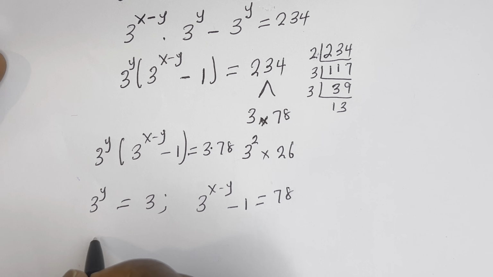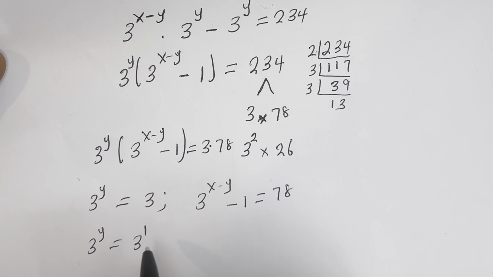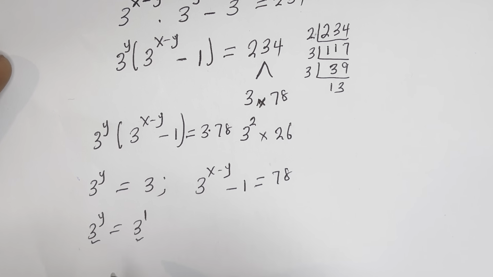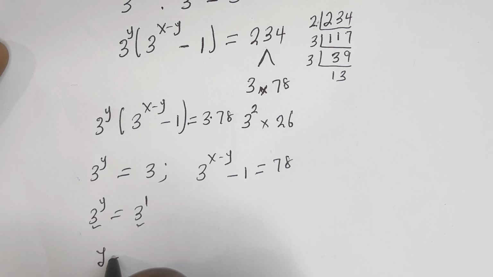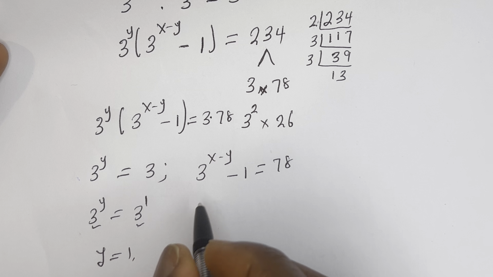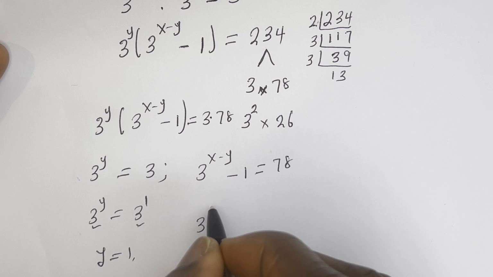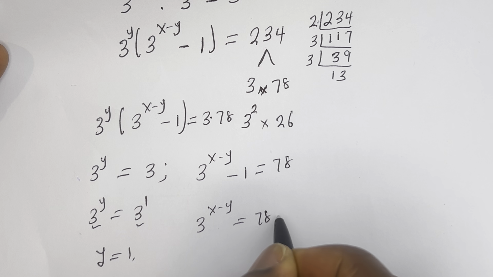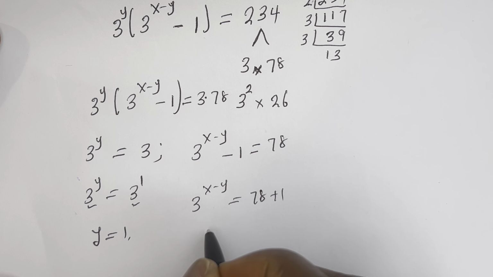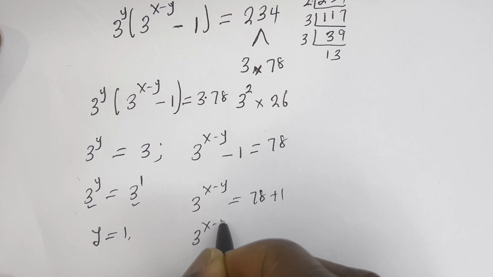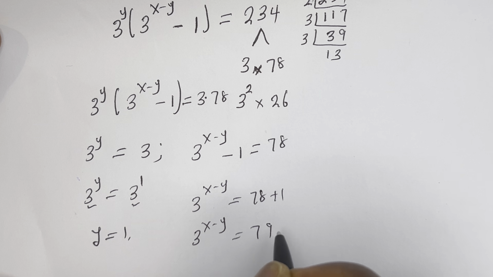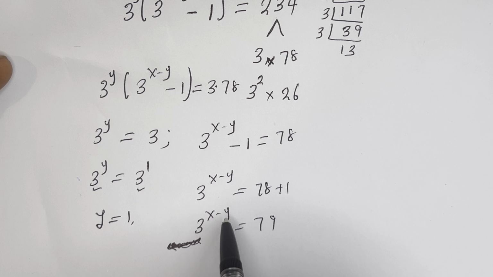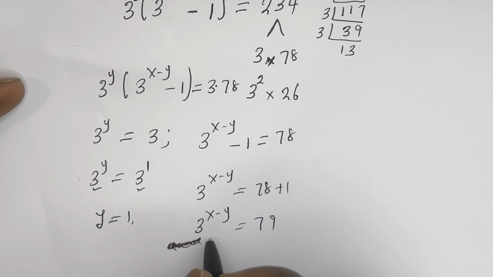Then from this, 3 to the power of y is equal to 3 to the power of 1. They have the same base. Y is equal to 1. And from here, 3 to the power of x minus y is equal to 78 plus 1. Then 3 to the power of x minus y is equal to 79. 3 to the power of x minus y cannot be equal to 79, so this is rejected.